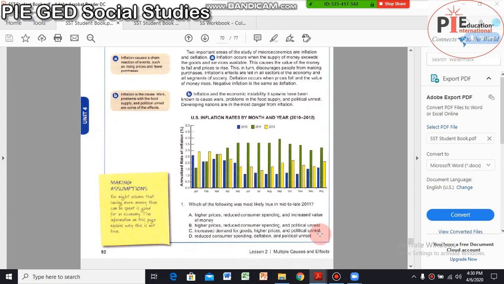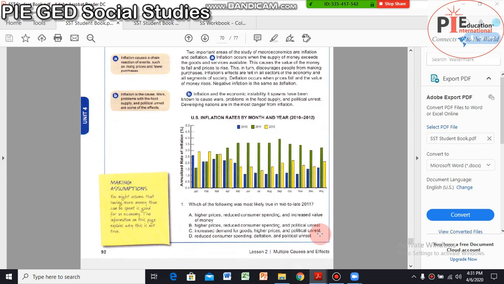But what will happen is it will increase the prices, and due to the increased prices there will be inflation, and due to inflation there will be political unrest. Why will there be political unrest? Because prices of goods and services are going up, and because of that people are going to be unhappy. They will have less purchasing power. They won't be able to spend more. Their spending power will be very low, and so they will be very unhappy.